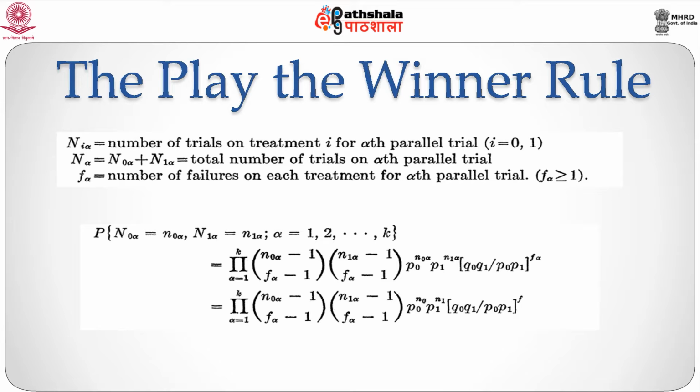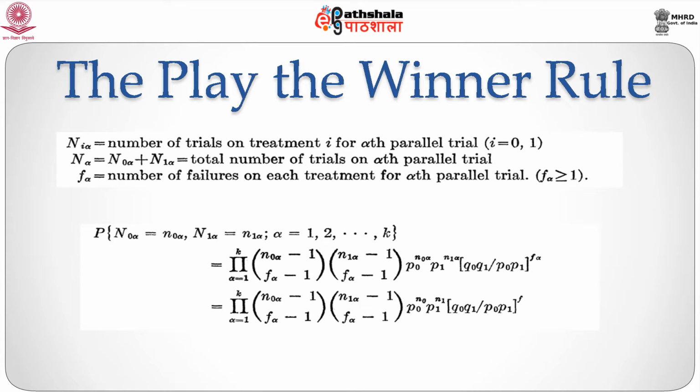In either case, the non-PWR assignments can be regarded as the first patient in a PWR trial, and the entire clinical trial will be made up of several parallel PWR trials.